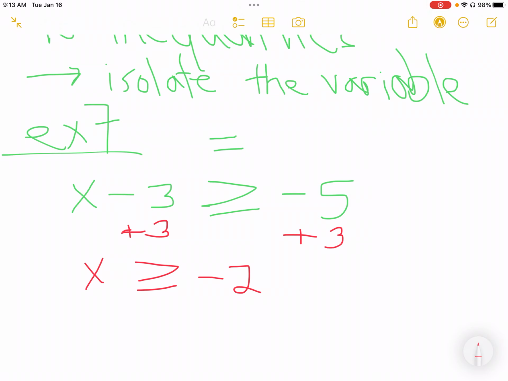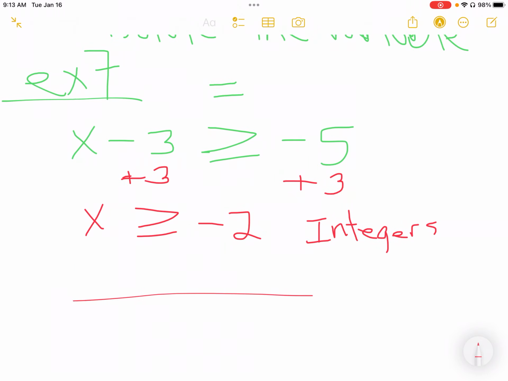And right here, they did tell me my domain, so make sure you pay attention. They said I have integers. Minus 2 is my starting point, so I'm going to highlight that, then minus 3, minus 4 down here, and minus 1, 0, and 1.